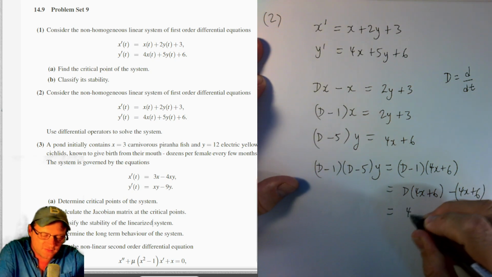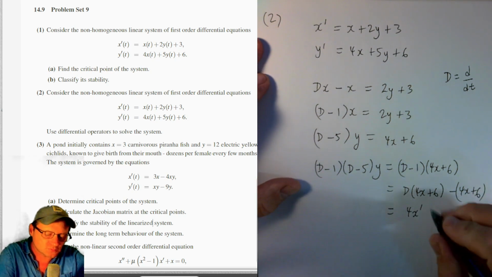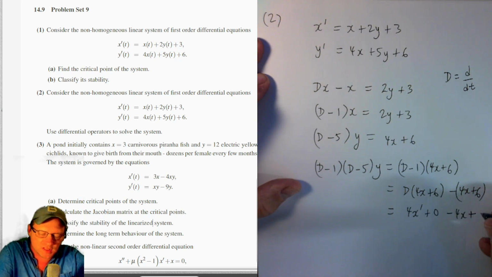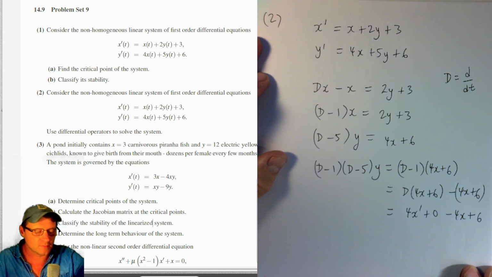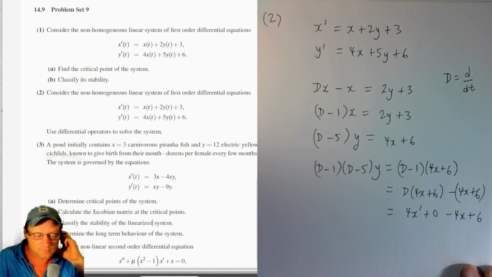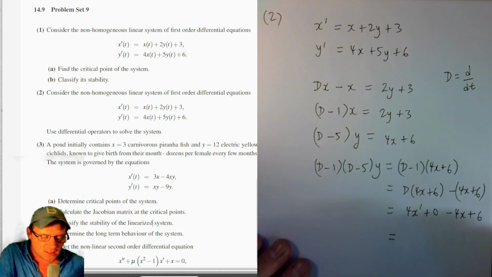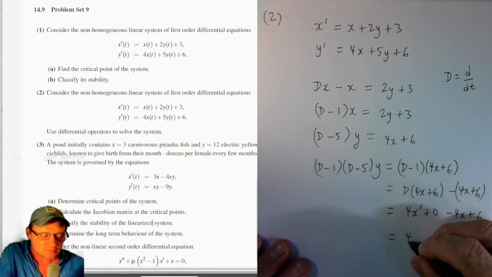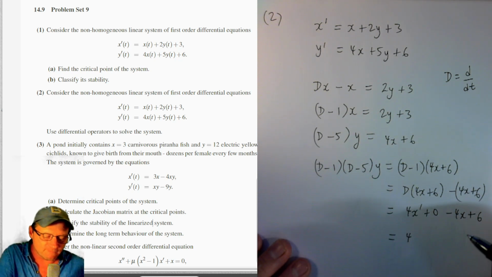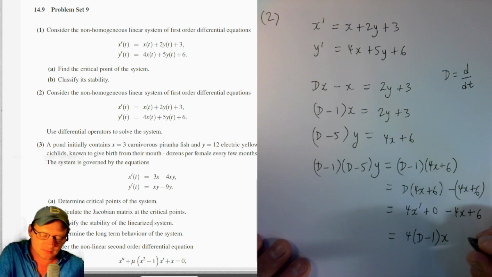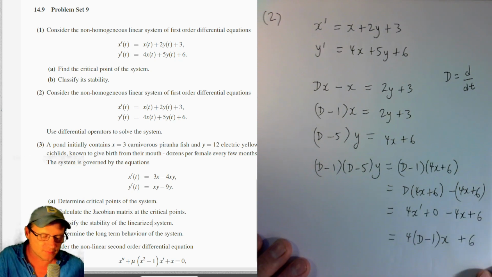Okay, so this is 4x' plus 0, and then we have minus (4x + 6). Okay, and so this is 4 outside of (D - 1) applied to x, and then plus 6.